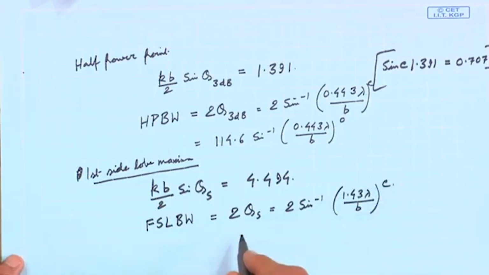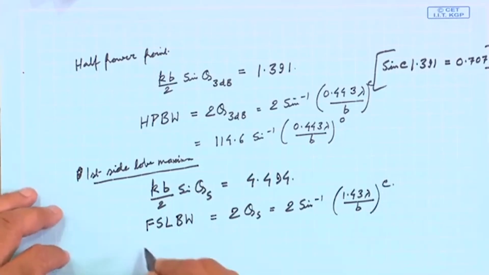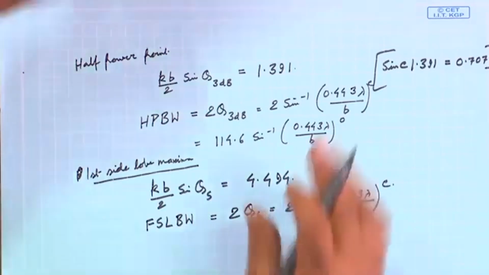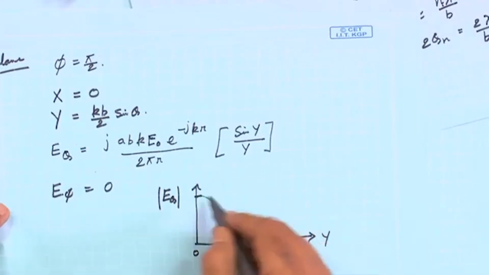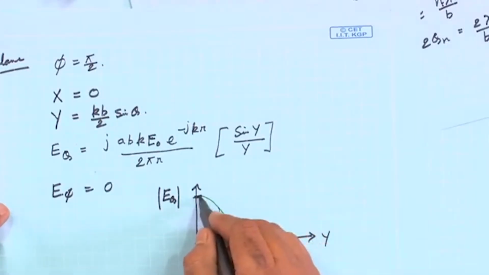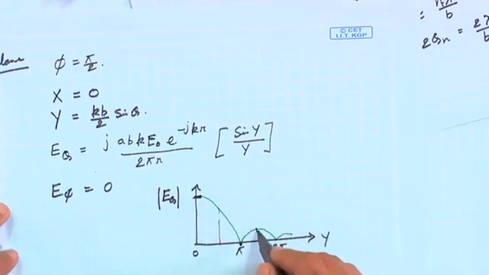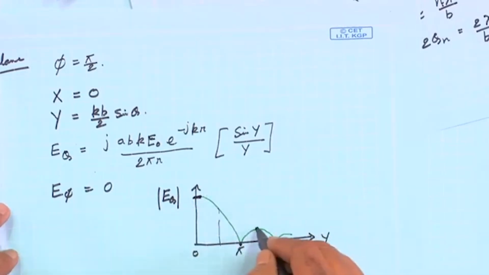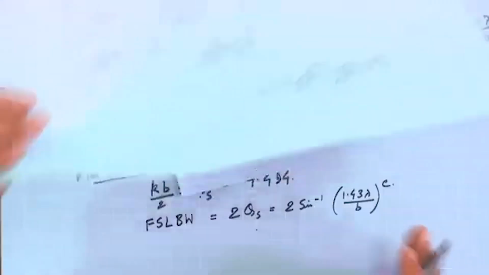The important thing is what is the first side lobe level. This is beam width, but we want to know this maximum value, that means what is this divided by this, that is called the first side lobe level. Obviously this is 1. So, if I know this value, I can find it, and that value is known.